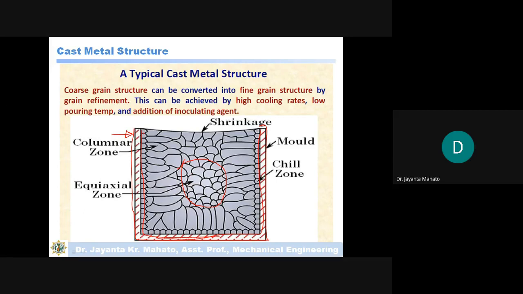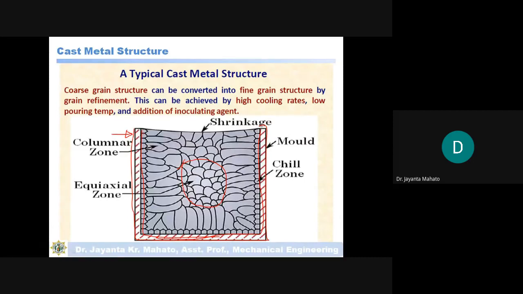But in the equiaxed zone, the solidification rate is less, meaning the cooling rate is less compared to the inner surface of the mold cavity, and the cooling rate is constant.